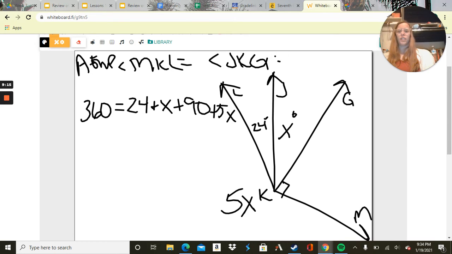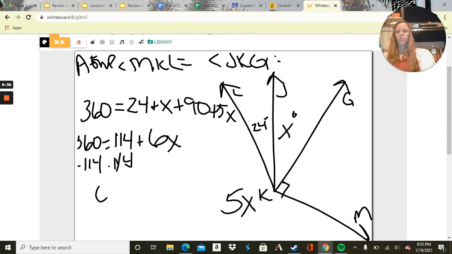So let's add up our x's and our other numbers. We have 360 equals 24 plus 90, which is 114, plus 6x. We're going to subtract 114 on both sides. So we get 246 equals 6x.